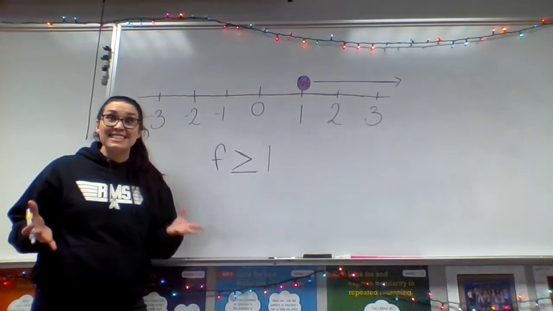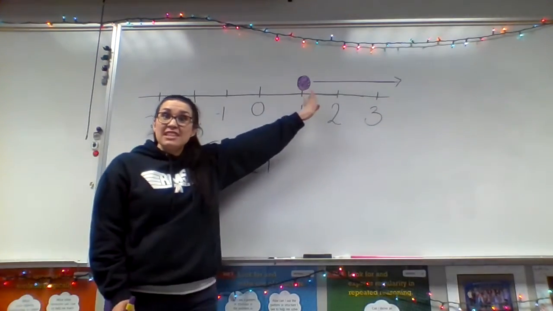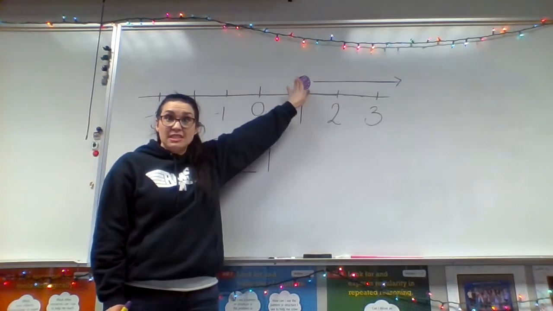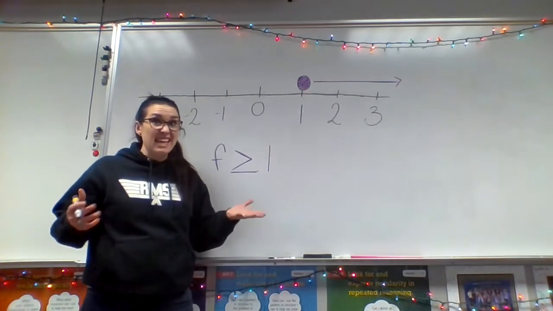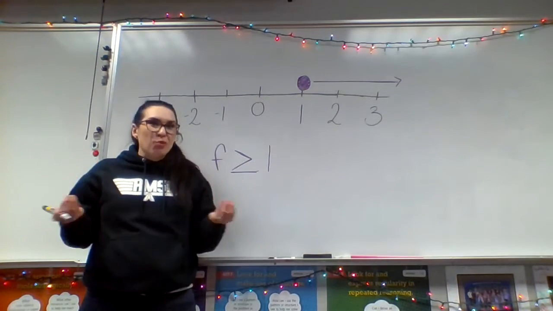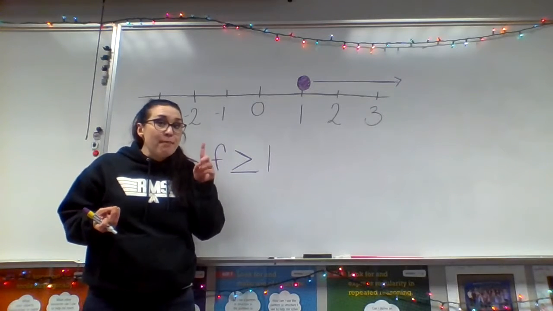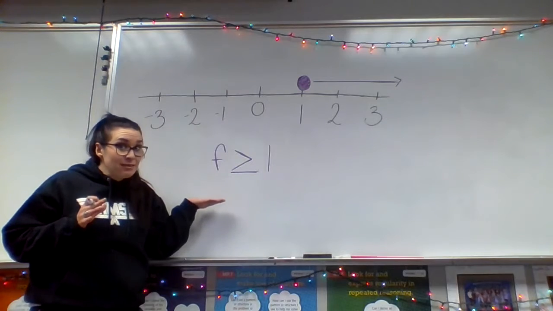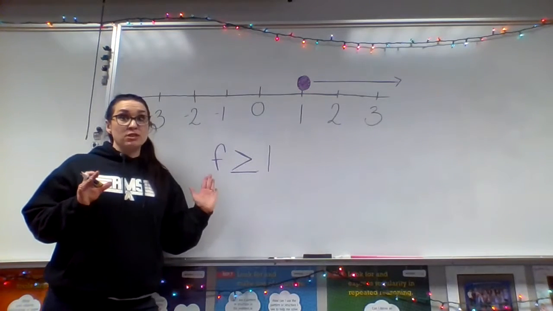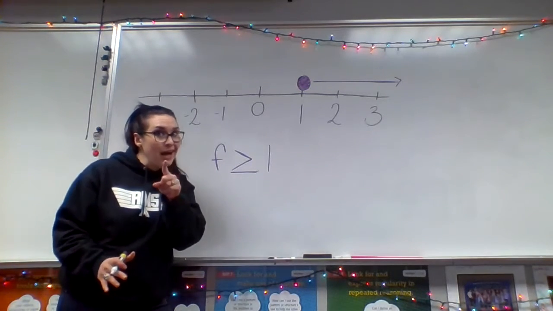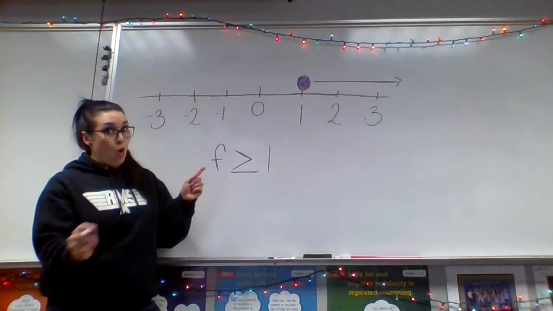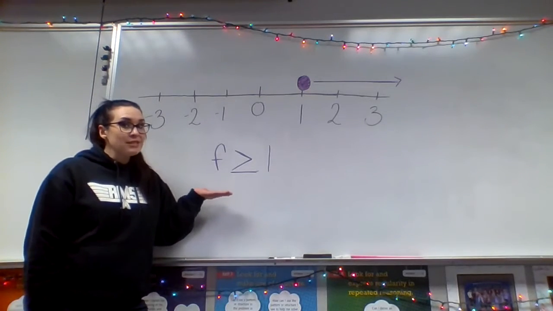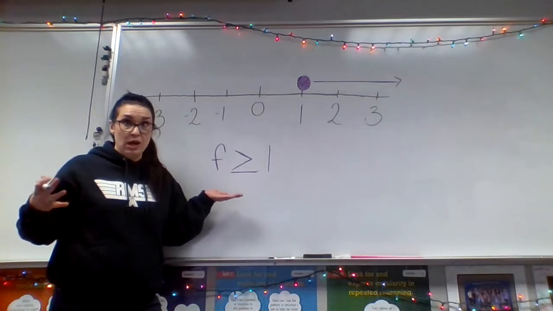So my friends, it's that same idea. Notice that we still have that colored in circle above 1, because again, 1 is the only real value that we know. But remember, it's colored in because it's possible that f is equal to 1. It's a possibility, but don't forget about that or, right? It's also possible that f is greater than 1 as well.